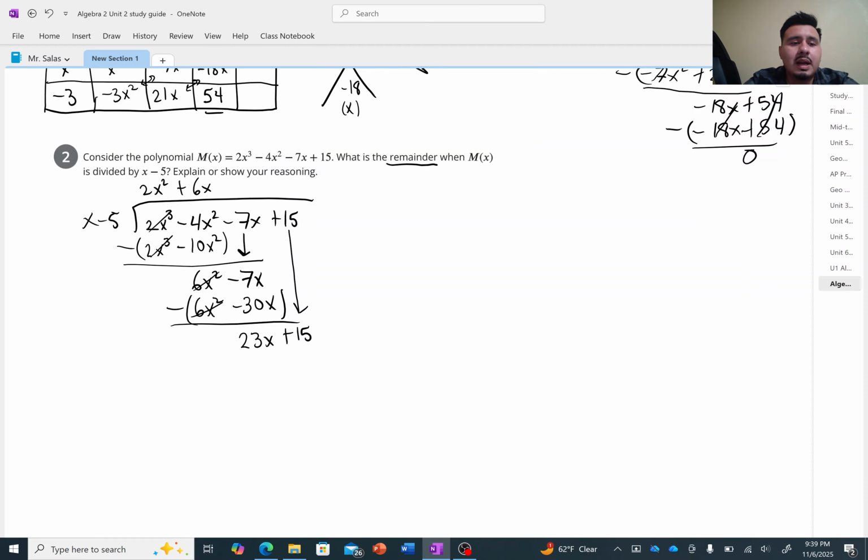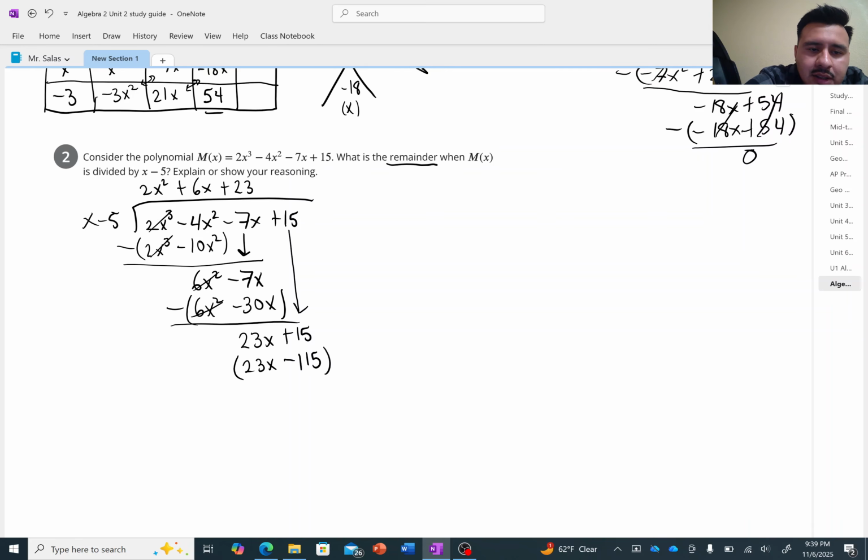I need to multiply my x by 23, so it's going to be plus 23. So 23 times x is going to be 23x. 23 times negative 5 is going to be negative 115. Again, you can double check this on your calculator.